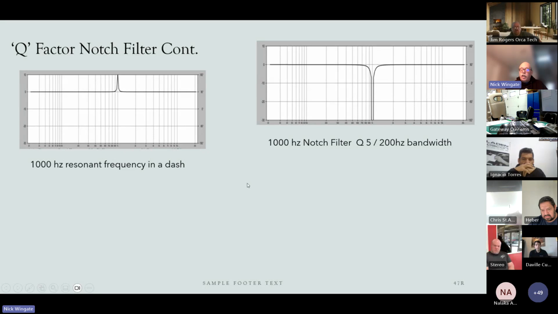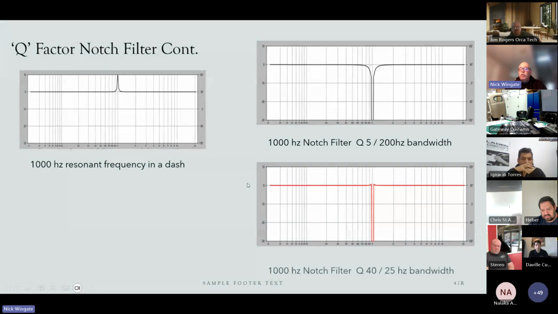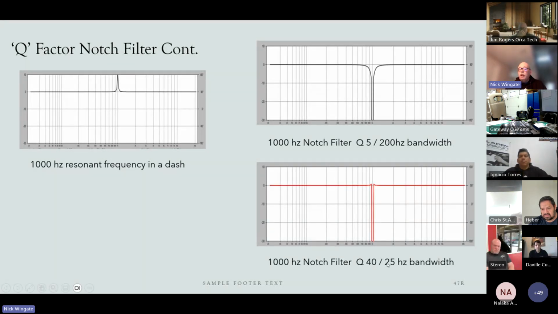So what happened was I narrowed the Q to a Q of 40 with a bandwidth of 25 hertz. And you notice that this and this virtually match each other, and you can see how much I've attenuated it. So this frequency was cut immediately and it went away. That's the difference between a Q of 5 and a Q of 40. Okay, and I hope that explains it for you.